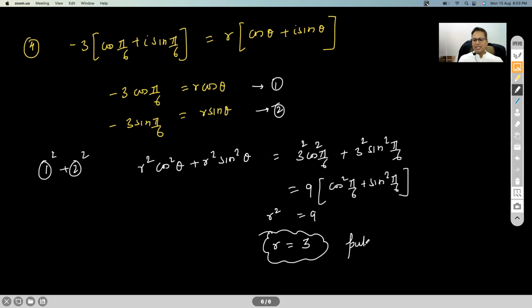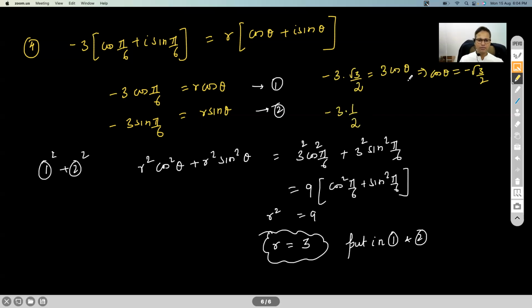Now put this back in 1 and 2. If you put it in 1, what do you see? Minus 3 cos pi by 6. By the way, cos pi by 6 value is root 3 by 2. It is 3 cos theta, which means cos theta is negative root 3 by 2. Similarly, minus 3 into half is 3 sine theta.